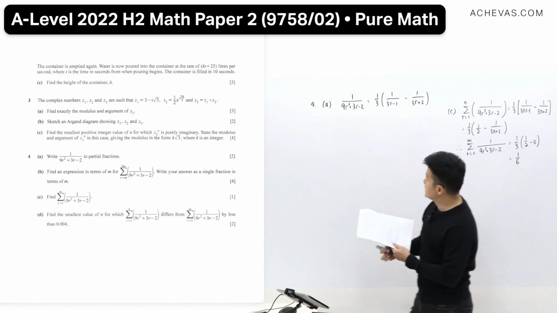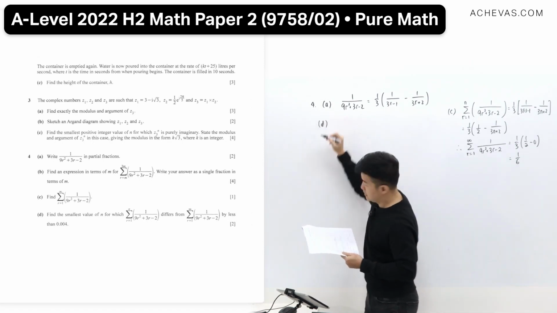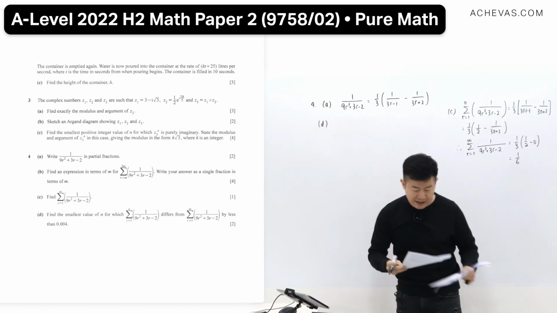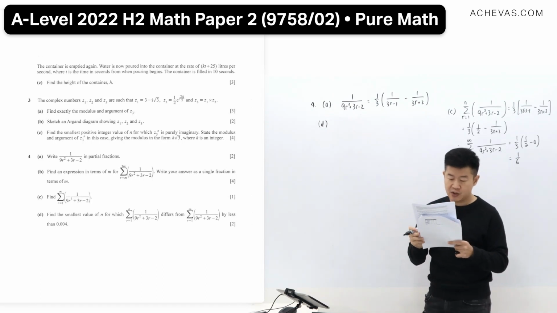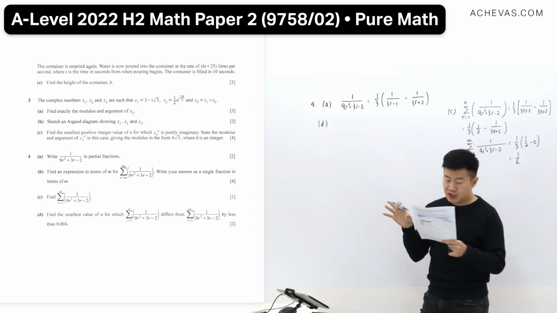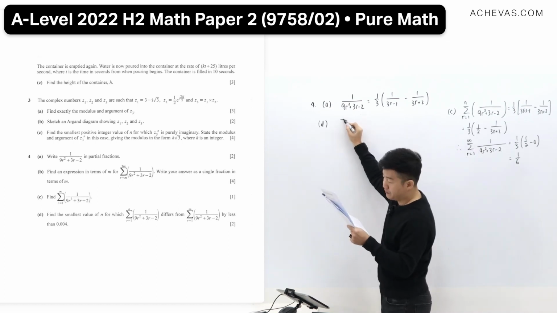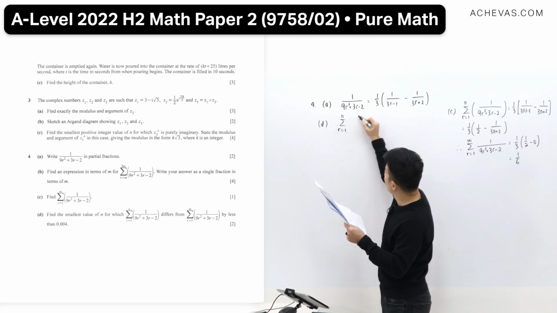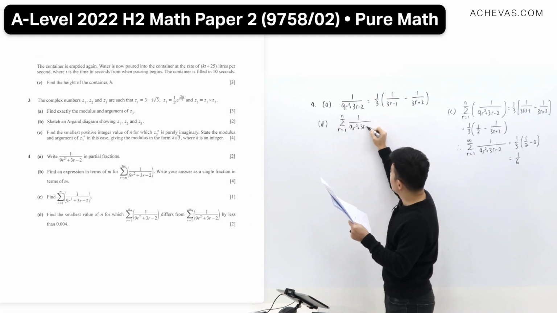In part D, let me just write down the numbering here. In part D, we are supposed to find the smallest value of n for which the summation from r is equal to 1 all the way until n of 1 over 9r squared plus 3r minus 2.